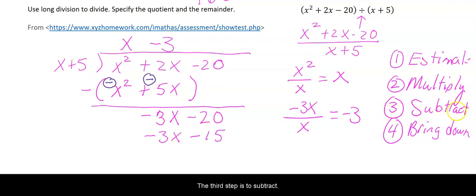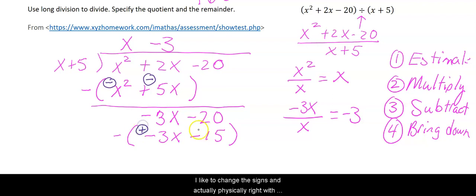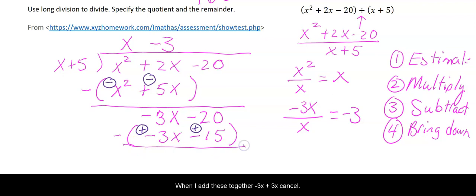The third step is to subtract. For polynomials, that means put a minus outside parentheses around the entire product. I like to change the signs and actually physically write what the new sign will be with a circle around it so I know which one to use. When I add these together, negative 3x plus 3x cancels.